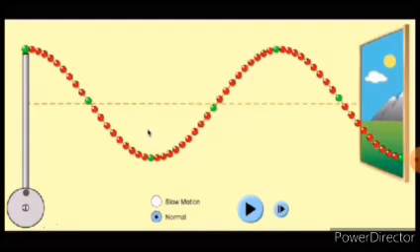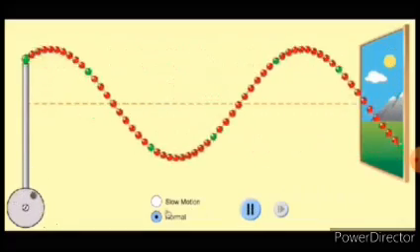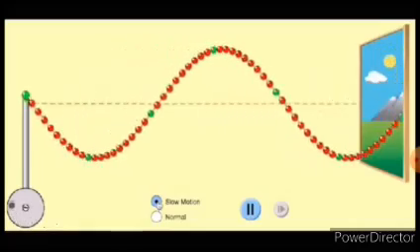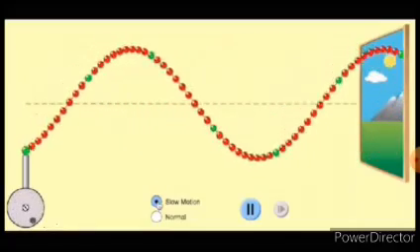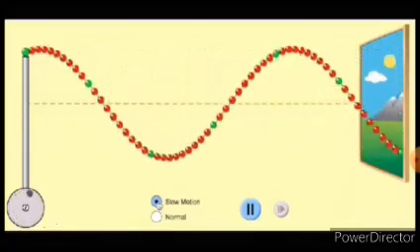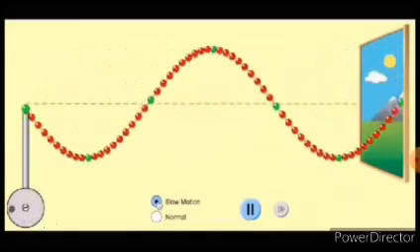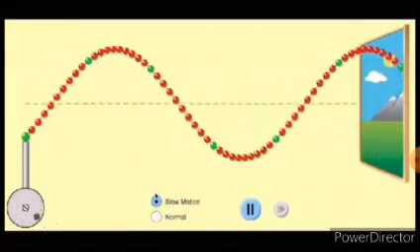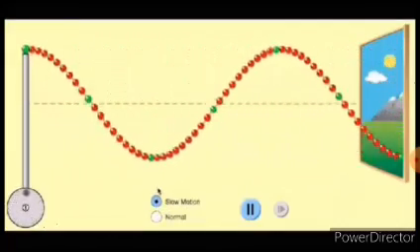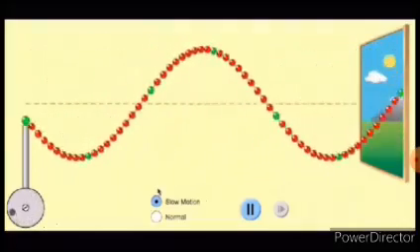Now, what else can we measure here? You can see the piston at the left vibrates, and there are two aspects I can measure. I can measure how long it takes to complete one cycle or one vibration, and this is called the period.